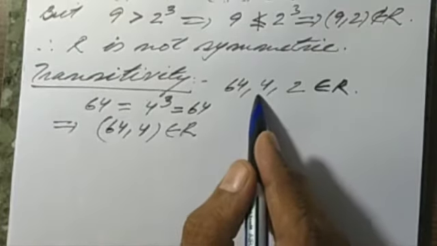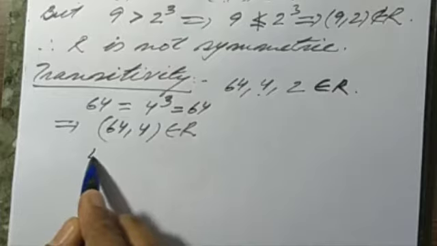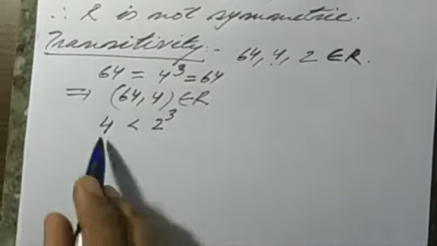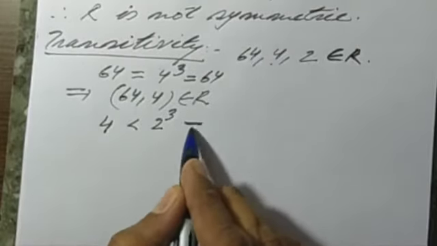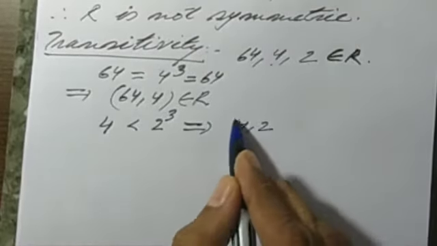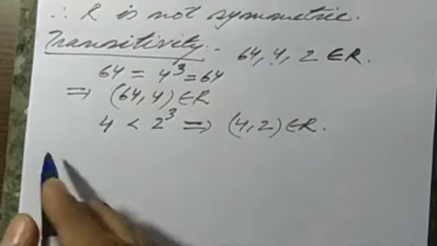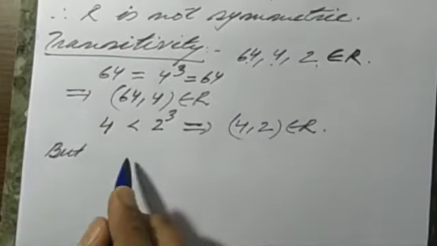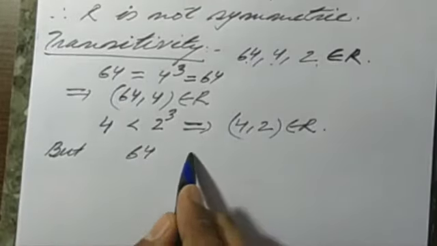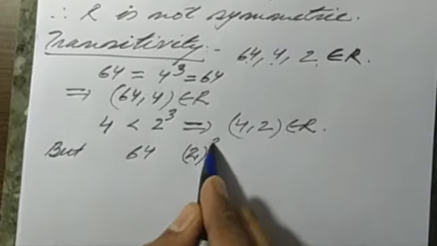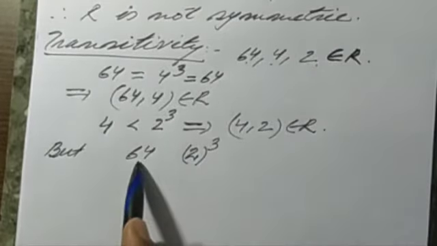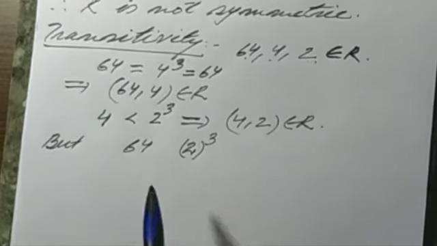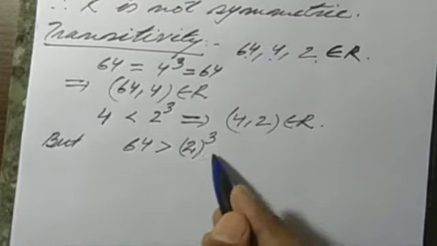Now if we talk about 4 and 2, obviously 4 is less than 2 cube, because 2 cube is 8 and 4 is less than 8. So it implies that (4, 2) belongs to R. But if we take the first and the third element, that is 64 and 2, obviously 2 cube is 8 and 64 is not less than 8, neither is it equal to 8. So 64 is greater than 2 cube.